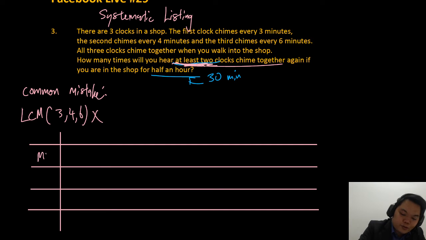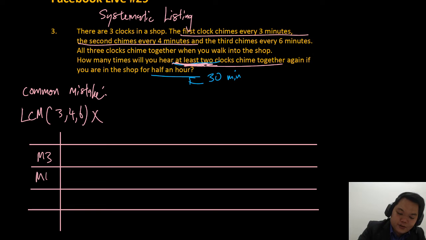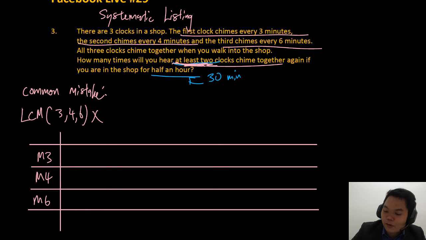If the first clock chimes every 3 minutes, you can model it after the multiples of 3. Second clock chimes every 4 minutes, you can model it as a multiple of 4. And the third one chimes every 6 minutes, so this one can be thought of as a multiple of 6.